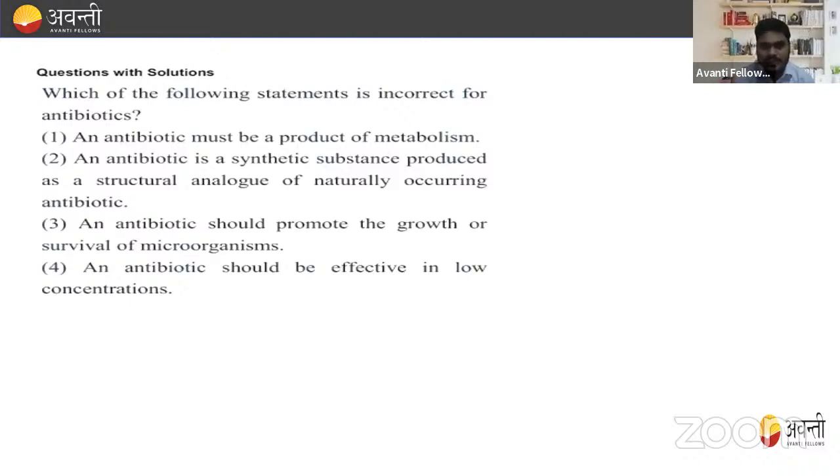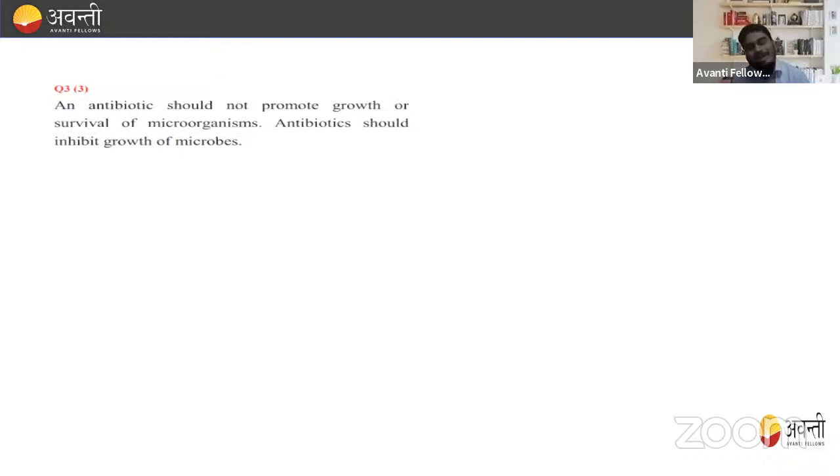Now, we know this is a very simple question, because we know that antibiotics should not promote growth or survival of microorganisms. Antibiotics should inhibit the growth of microbes.